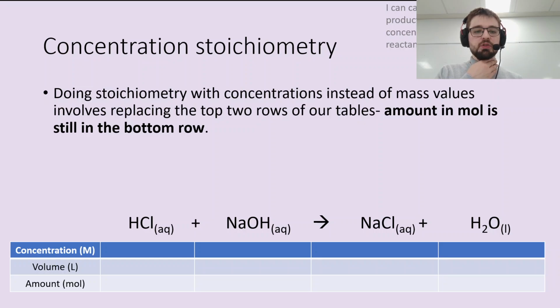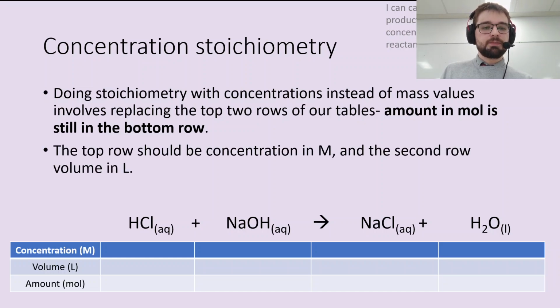Okay, in terms of concentration, we can do something similar, but we're going to use a different equation. The main thing when we're using a box like this is to keep the mole on the bottom row. The one thing you need to remember is only use ratios for amounts, don't use them for masses or concentrations.